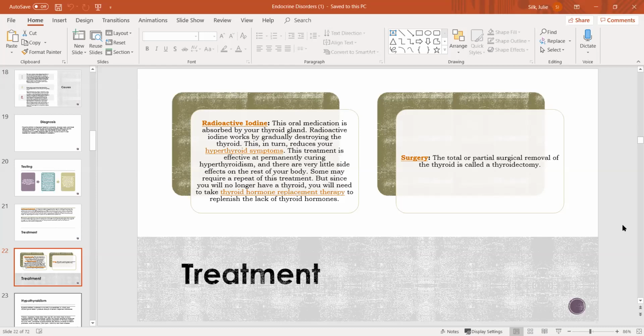So thyroid storm is a sudden surge of large amounts of thyroid hormones into the bloodstream. So this is going to cause an increase in your body metabolism, and it's a medical emergency. So it's to the extreme.